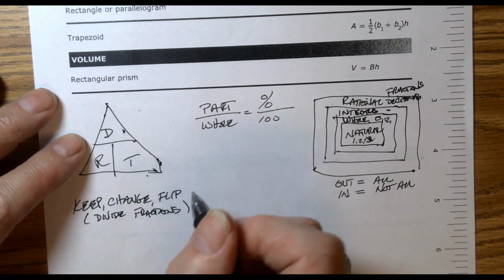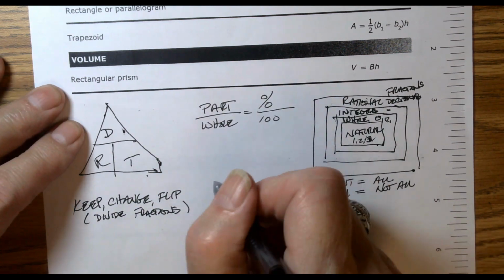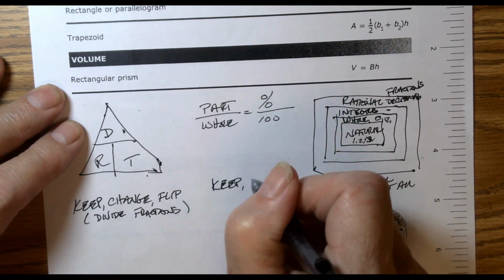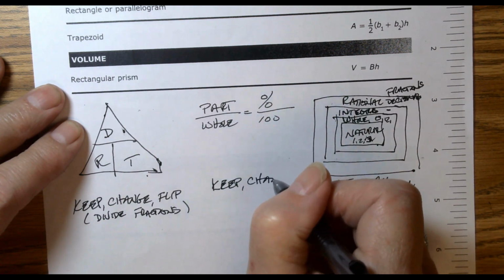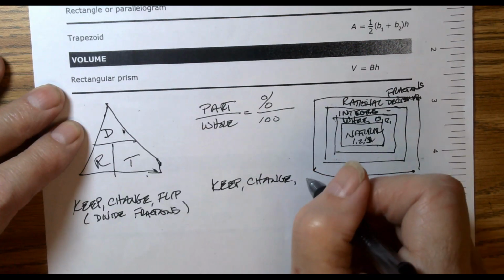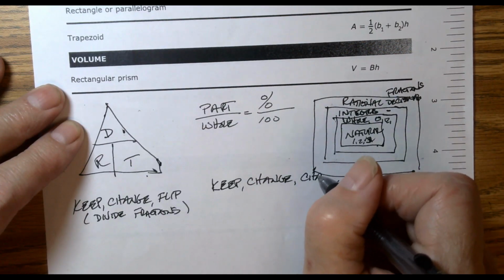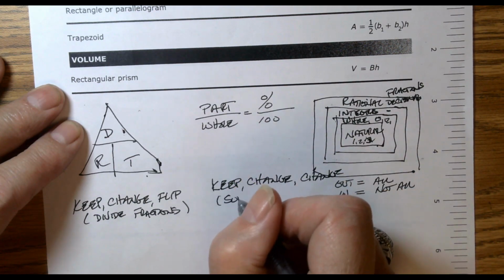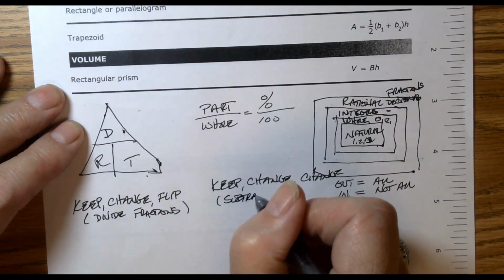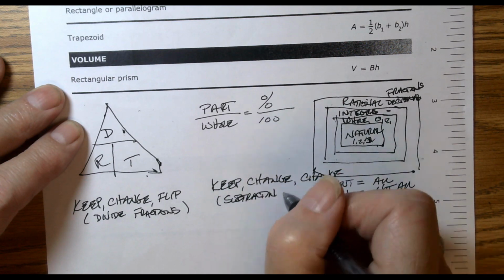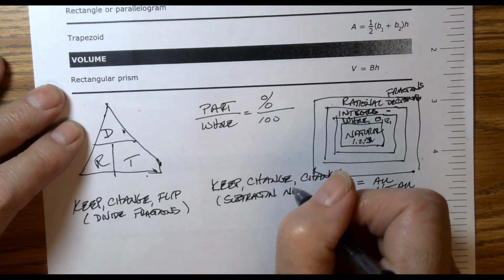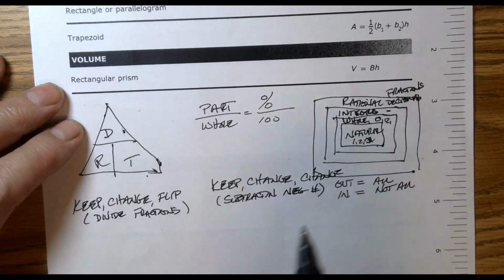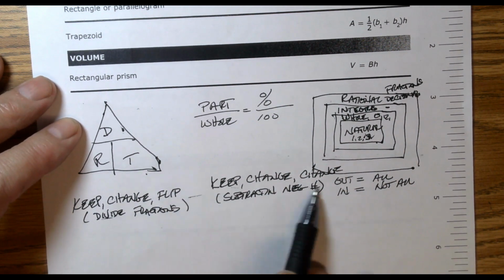The other thing I want you to remember is keep, change, change. And you do that when you are subtracting a negative number. I'm just going to put negative number. Okay? So keep, change, flip, keep, change, change.